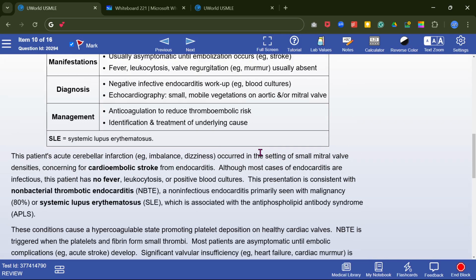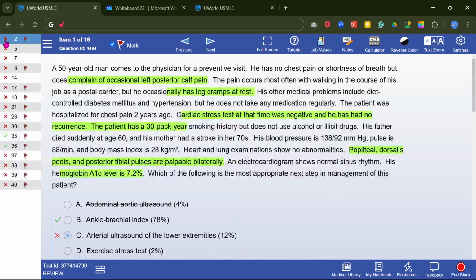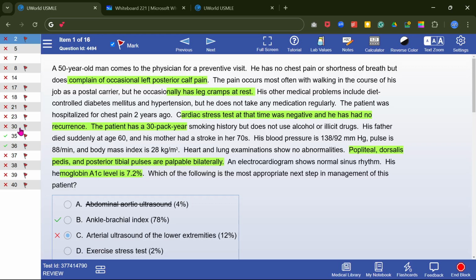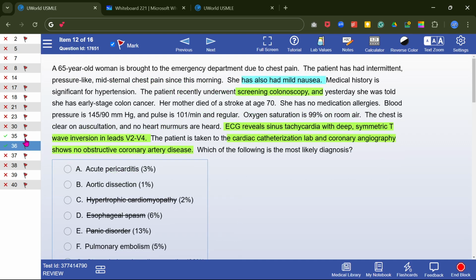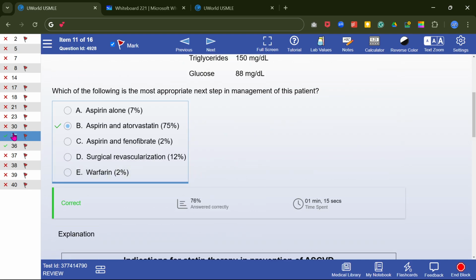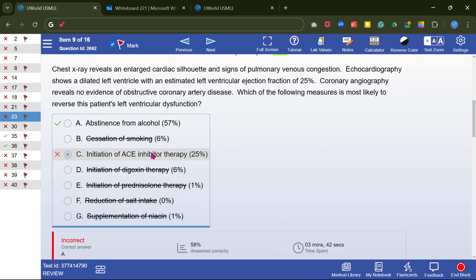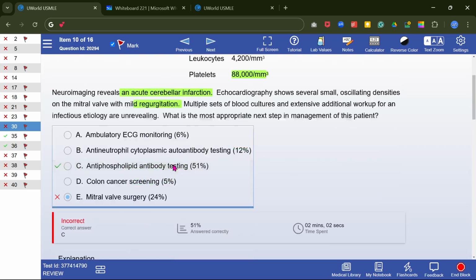So this patient has acute cerebellar infarction with imbalance in the setting of small mitral valve vegetations, concerning for cardioembolic risk.